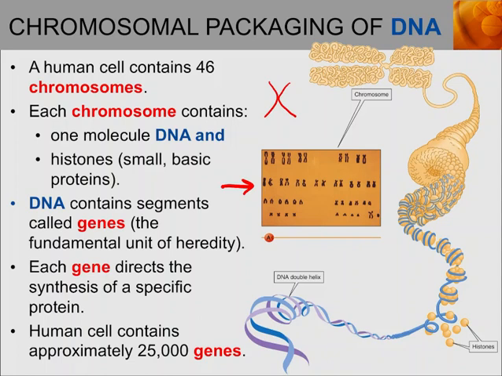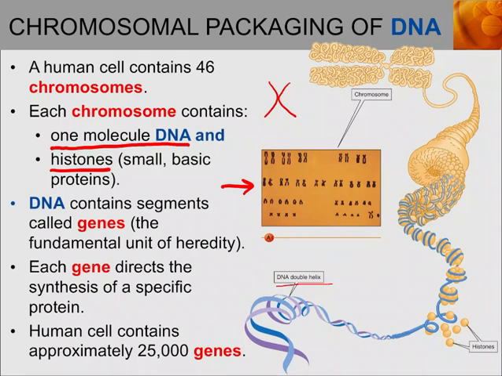They determine something about you, and that's because each chromosome contains one molecule of DNA and histones, which are small proteins that help DNA form this chromosome structure. Off to the right, you can see our double helix for DNA, which we talked about last time.